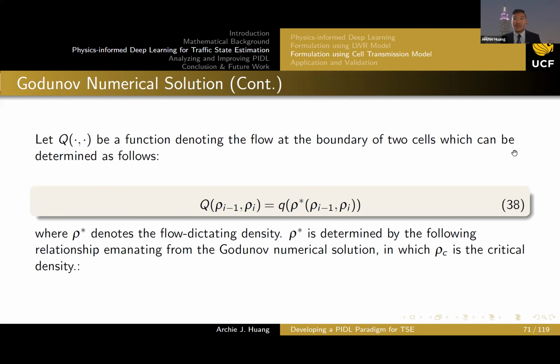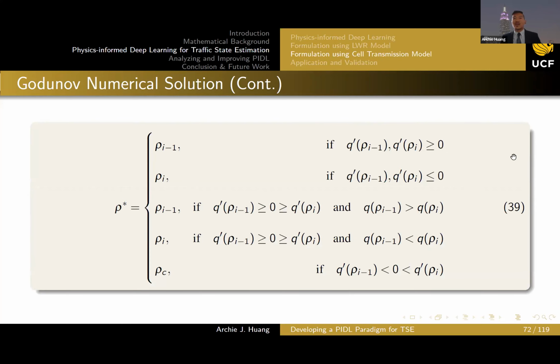And how we determine the value of this flow dictating density is using the Godunov numerical solution, which is shown in equation 39 here.